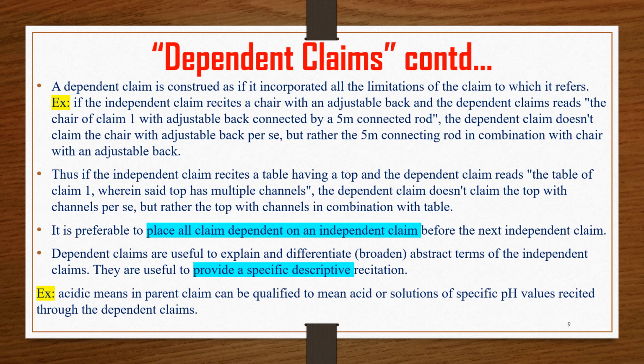Fine. The next point is dependent claims are useful to explain and differentiate or broaden abstract terms of the independent claims. They are useful to provide a specific descriptive recitation. For example, acidic means in a parent claim can be qualified to mean acid or solutions of specific pH values recited through the dependent claims.